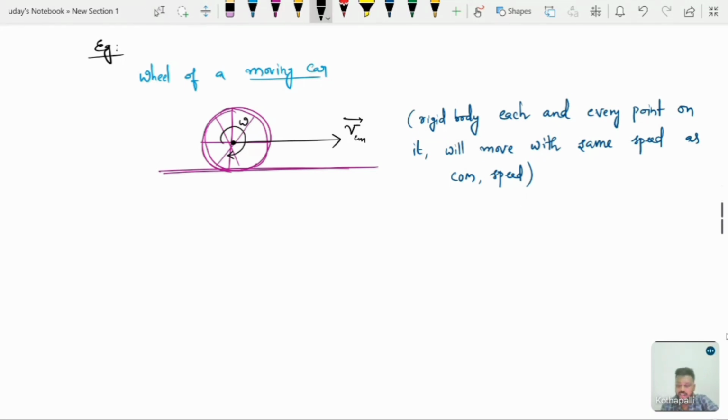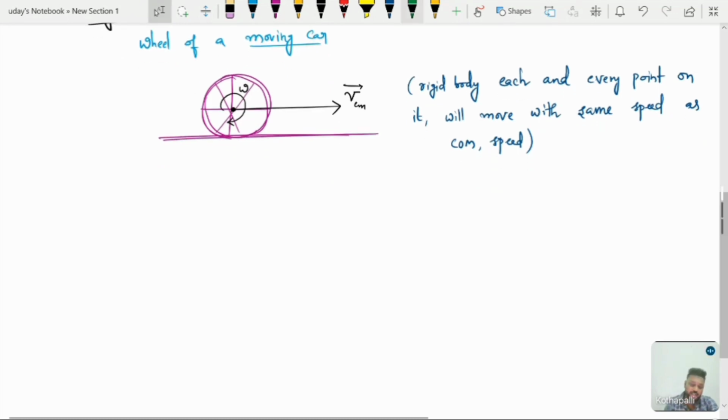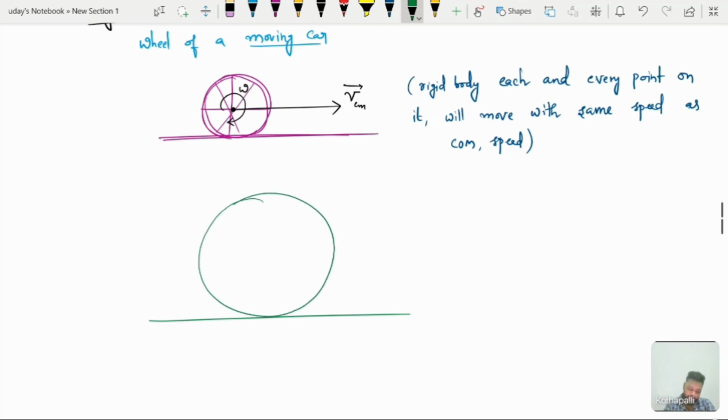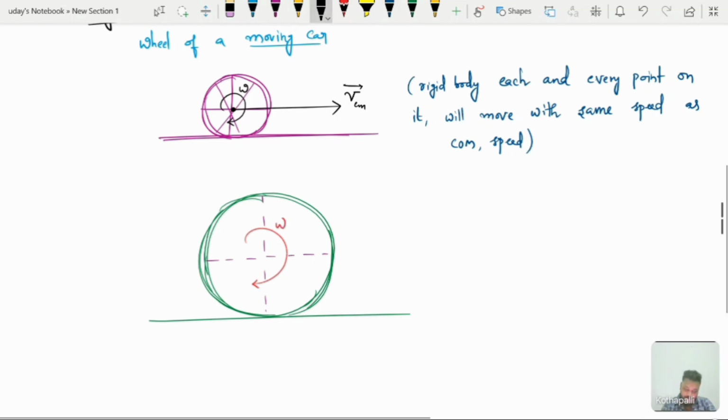Like if I take a very regular situation, let's say there is a spherical body, like a ring or a disc or a sphere, any spherical body having both translatory and rotatory motion. Let's say it's rotating with angular velocity omega, and it is also translating with velocity vc towards right.